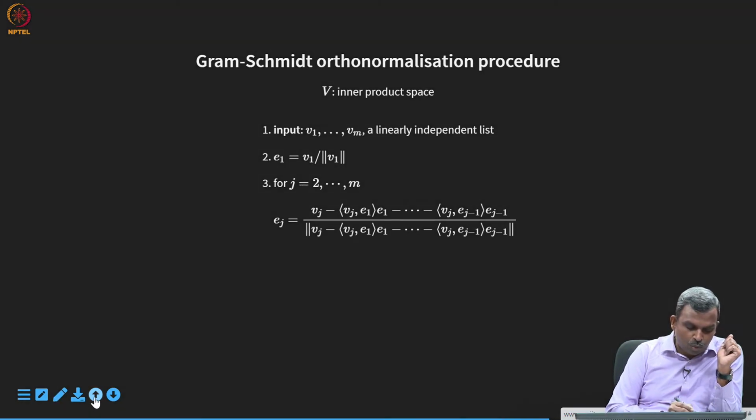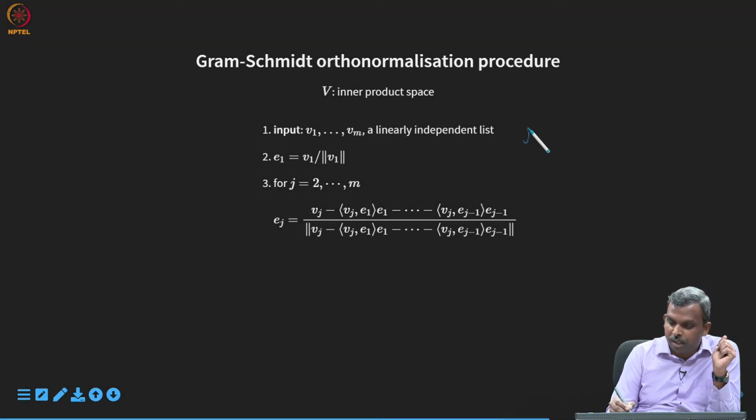But let me just show you what happens for j equals 2, because that will help you. You will define E2 as V2 minus the inner product of V2 with E1 times E1, divided by the norm of the whole thing. Forget about the norm in the denominator for now, that is just to normalize.